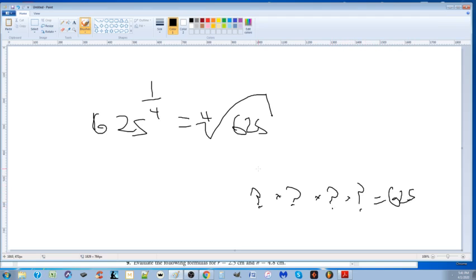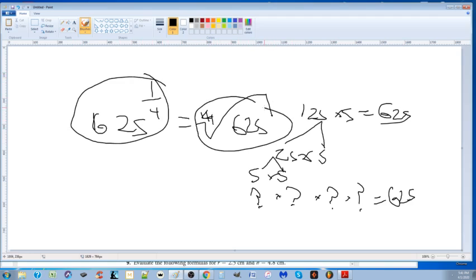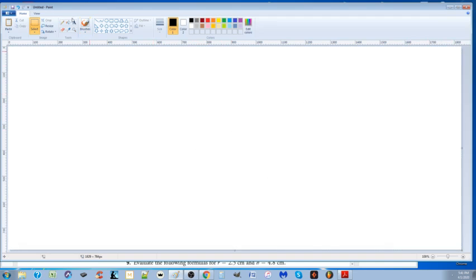And in this case, it's the number 5 again. 5 times 5 makes 25. Times 5 makes 125. Times 5 is equal to 625. So the quad root of 625, or 625 to the quarter, is the same as 5. It's saying find me the quad root of 625. So that's what fractions mean.